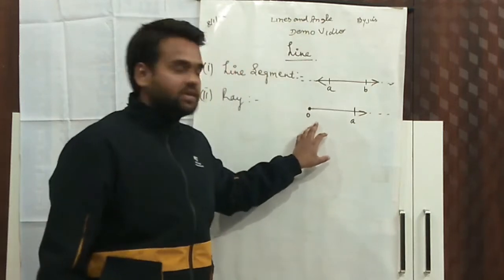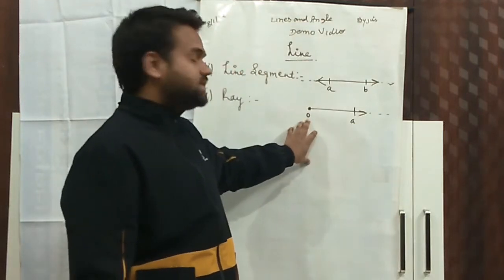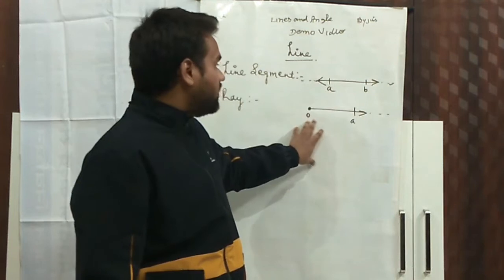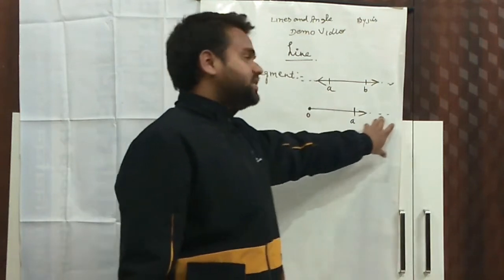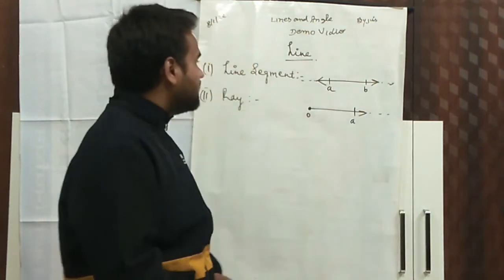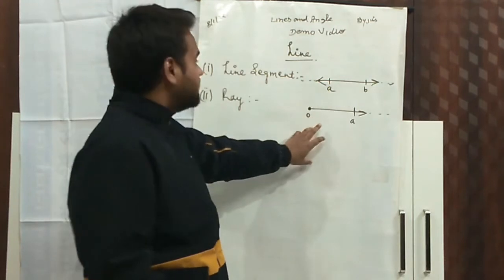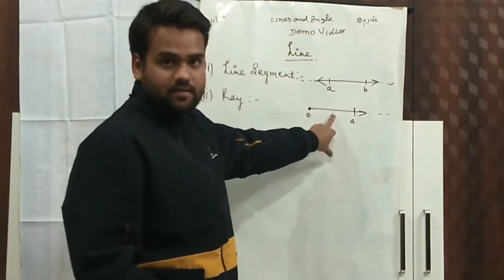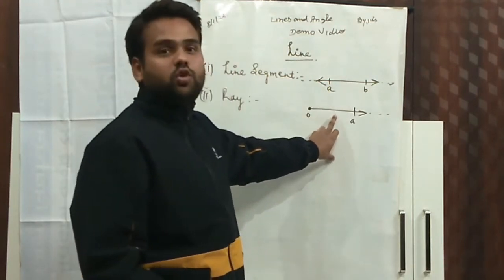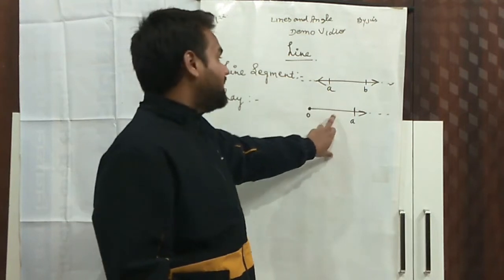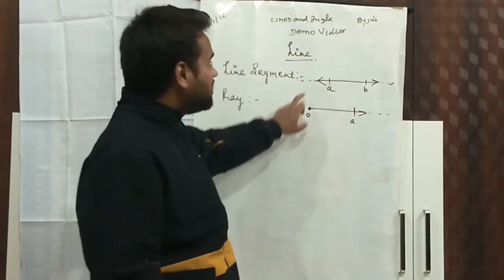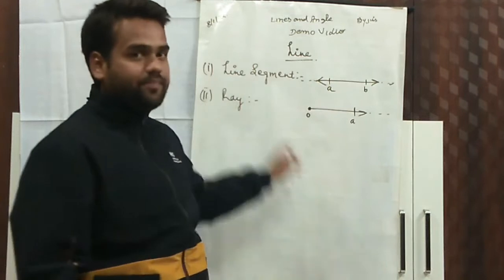So we have understood that this line starts from the point O and extends to A. We have seen that this line does not have two end points. It has only one end point. This is the only difference between line segment and the ray.